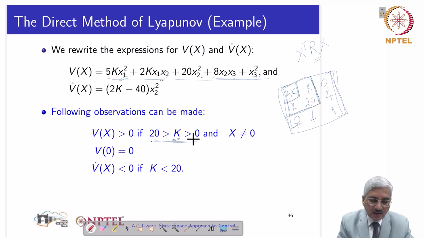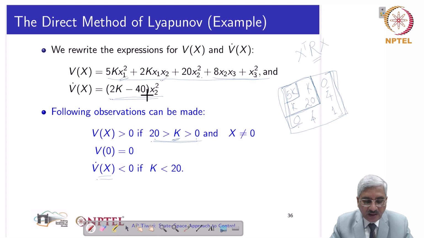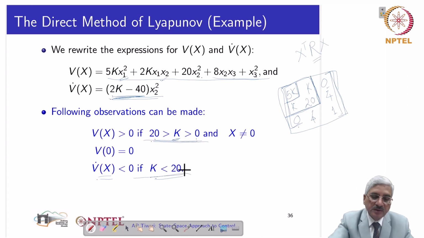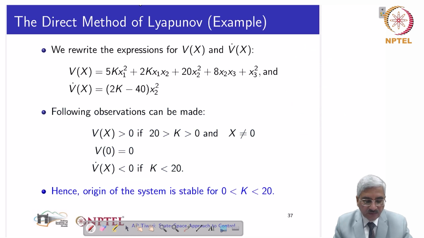And we see that V dot x is simpler to analyze. V dot x will be negative if 2k is less than 40, or if k is less than 20. So these two conditions together, Vx positive for k between 0 and 20 and V dot x negative for k less than 20, give the stability condition, which is k should be between 0 and 20.